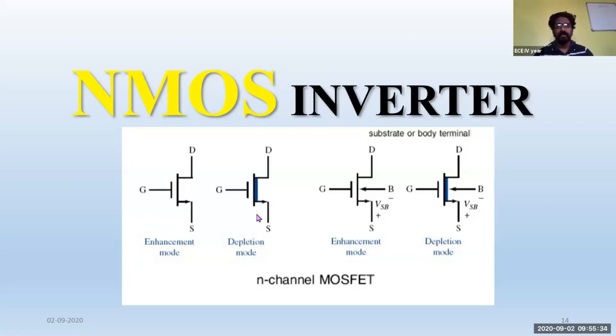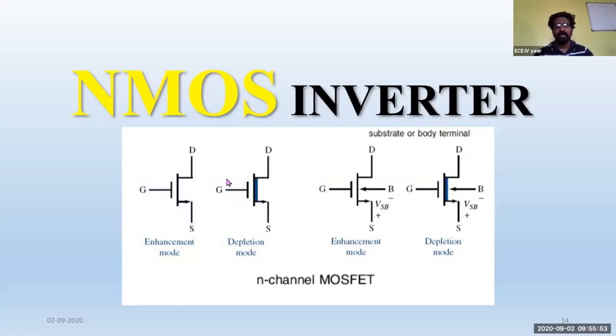In the depletion mode transistor, even though we don't supply voltage at the gate terminal, the channel is present and conduction is already in the working state before supplying the input voltage. To stop the depletion mode transistor, we supply some negative voltage.